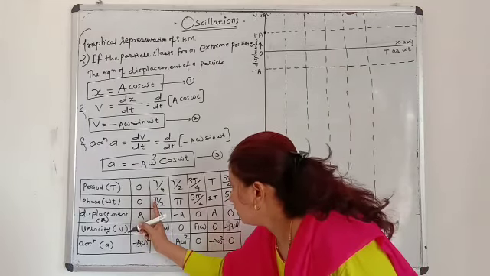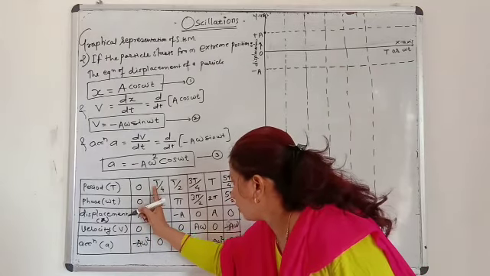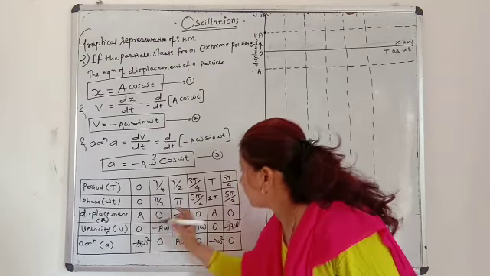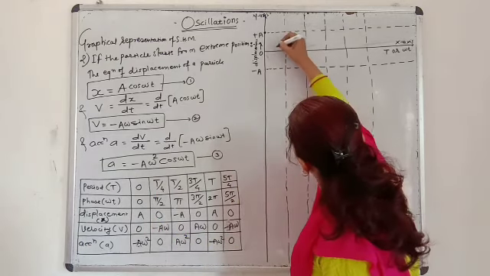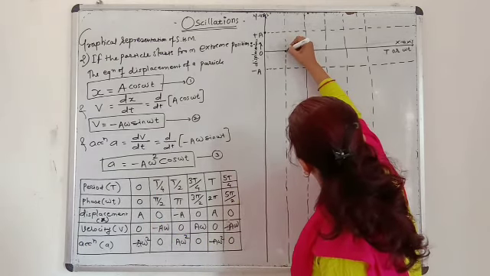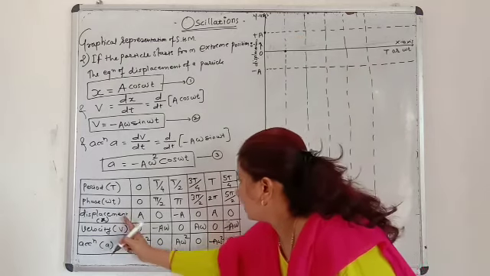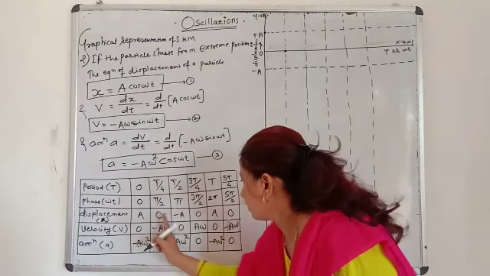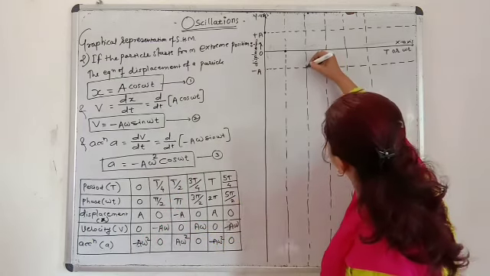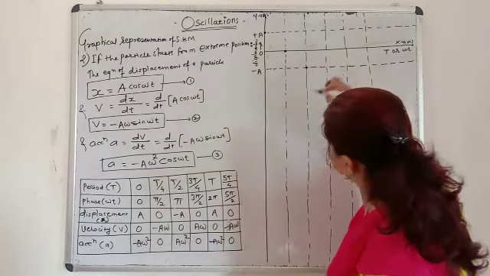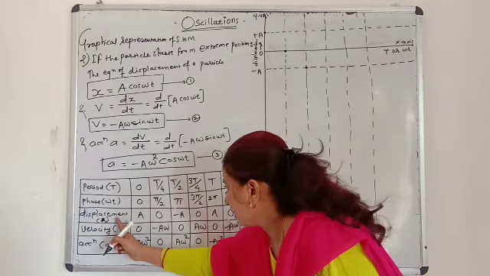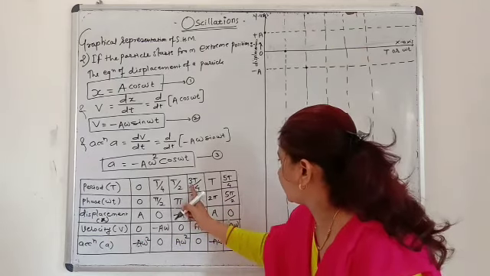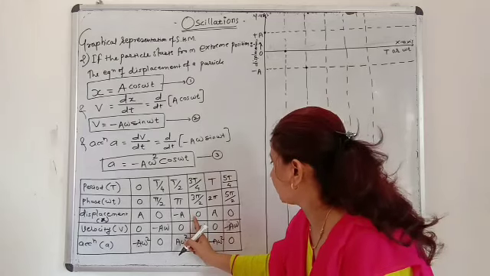Then when the periodic time is t by 4, the displacement is 0. Then this graph is here. Then again, at t by 2 time, the displacement is minus a. So the nature of the graph is like that. Then at periodic time 3t by 4, the displacement is 0.